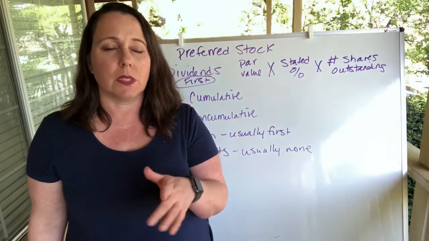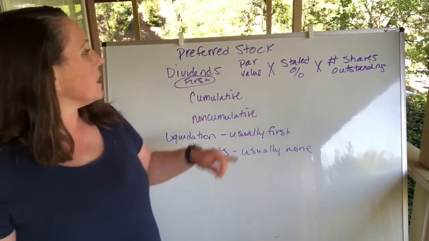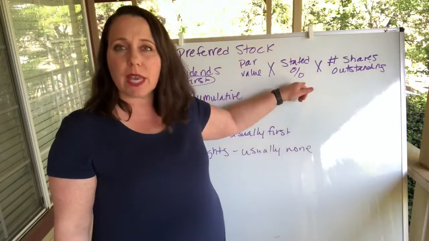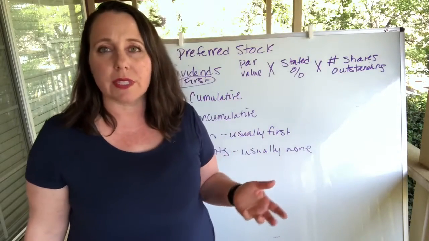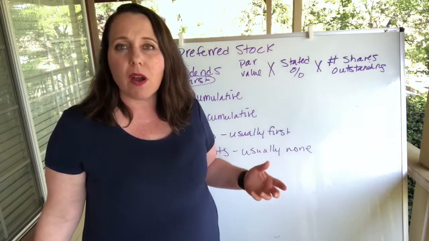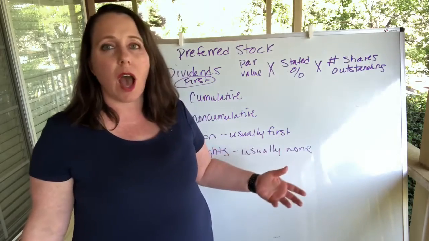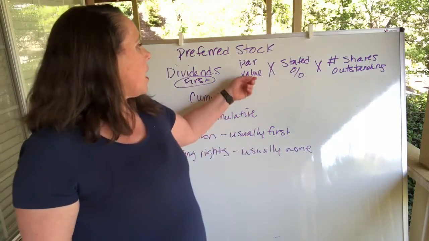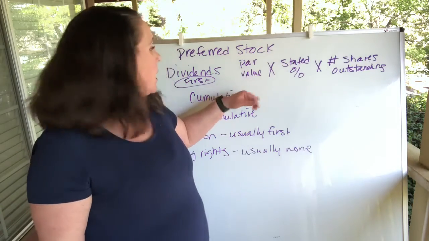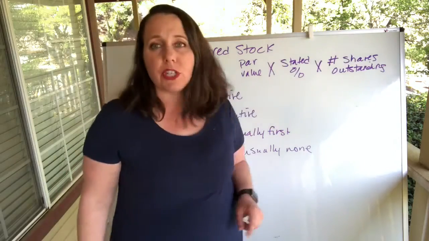The dividend for preferred shareholders is actually calculated, and it's going to be the par value of the preferred stock times the stated percentage. So normally preferred stock will have a stated percentage. We'll say we have $10 par value, 4% preferred stock, and that means that the dividend that they get to get first is par value times the stated percentage times the number of shares outstanding.